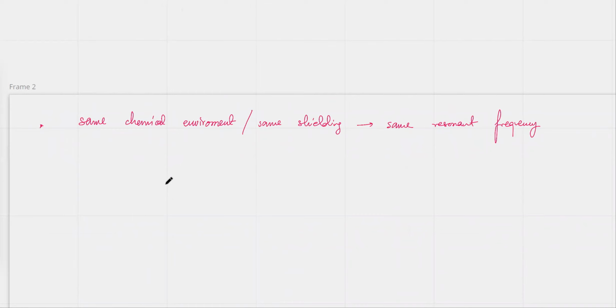Vice versa, if they have different chemical environments and different shielding, they're bonded to different atoms, so they'll have a different resonant frequency.